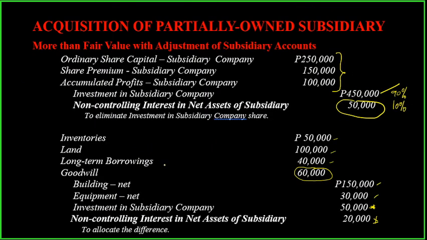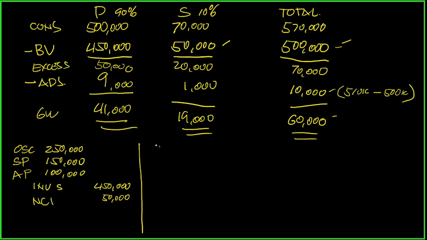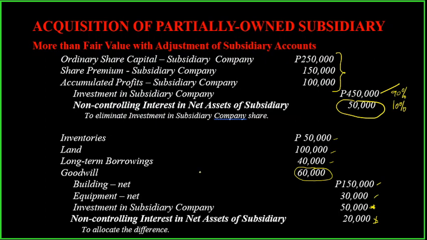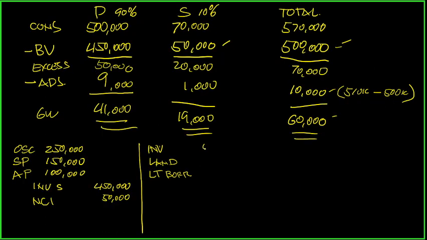Okay, so you record your inventories, land, and long-term borrowings. At what amount? 50,000 and 140,000.